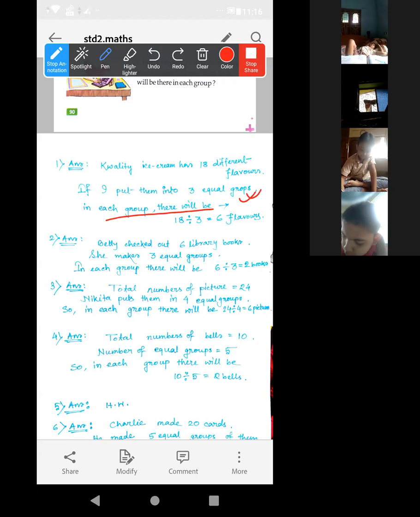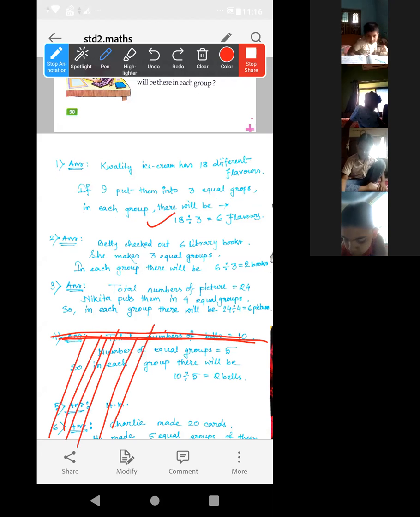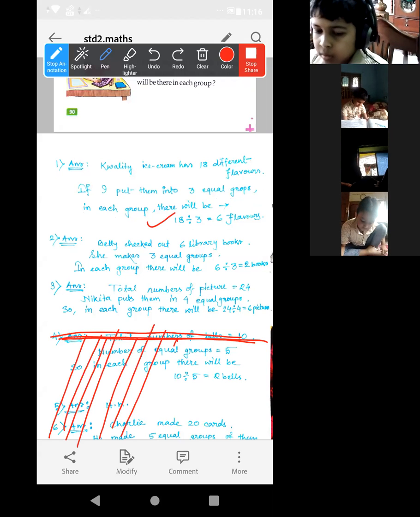I have directly written the answer because you know division right now. So many divisions have been done. Now you can divide it yourself, right? So complete this and write the statement properly.